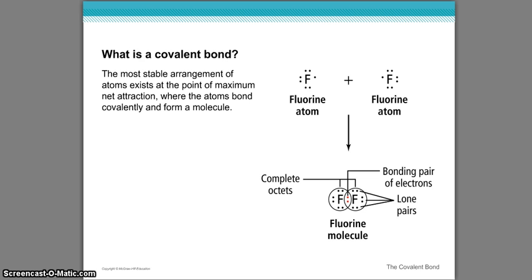Alright, so let's look at how these things are sharing electrons a little bit closer. So if we take 2 fluorine atoms, you can see that they both have 7 valence electrons. So what they're going to do is they're going to share their 2 unpaired electrons down here, and we're going to refer to that as a bonding pair of electrons. They are being shared between the fluorines, so now both fluorines have an octet.